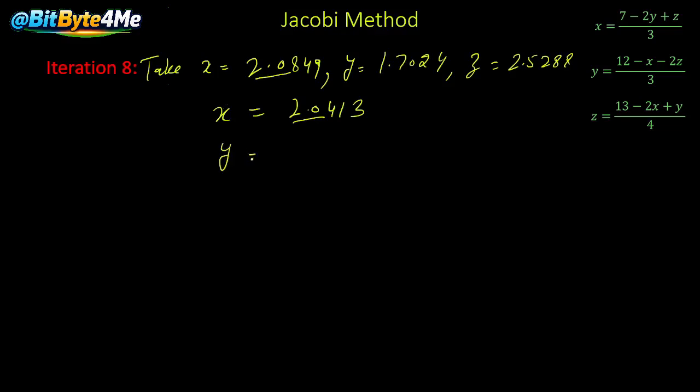Similarly, put these values in equation number 2, and you will get the value of y as 1.6192. Put these values in equation number 3, and you will get z as 2.633.